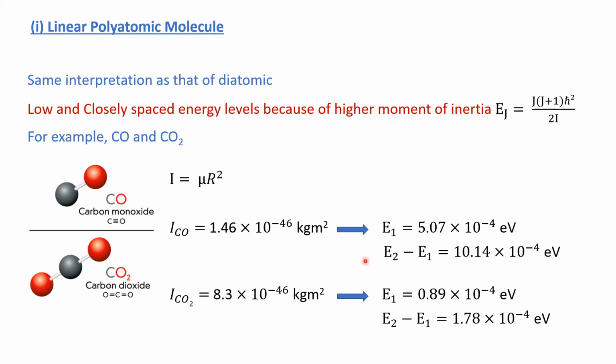Similarly, if we take the difference between the two energy states of carbon monoxide and carbon dioxide, we see that the spacing between the two rotational energy states for carbon dioxide is lower than that of carbon monoxide. The rest of the interpretation is exactly the same.